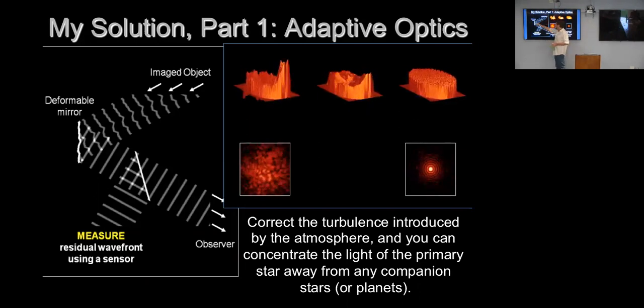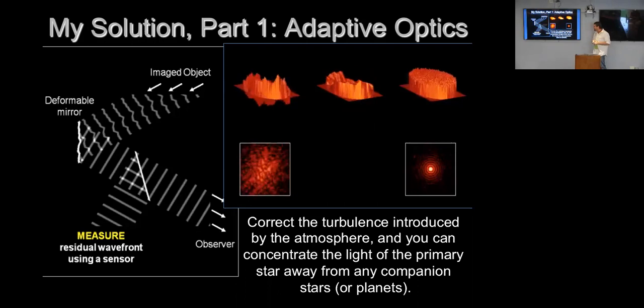Bounce the wavefront off a deformable mirror that you can push parts out or pull parts in to change the path length, and you can get a planar wave out. Send part of it to your camera, and send part to a wavefront sensor that tells the deformable mirror how to update in time to keep up with the atmosphere. So in real time, instead of getting an image that looks like this, you can match it with a deformable mirror that looks like that, change your wavefront to look more like this, and get a nice diffraction-limited image out. This is great. Using this as an example, if you've got your star here and you want to find something out here, several times past the diffraction limit, then you just look and say, there's something there.